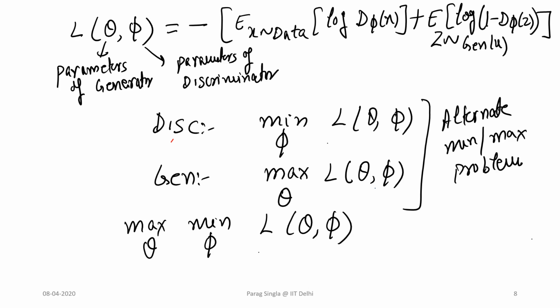In the ideal world, you would fully minimize the internal expression with respect to phi, that is, optimize the discriminator for the given generator, and then once you have done that, you go to the generator, take maybe a gradient step along theta, and then again go to phi. But this can be computationally very expensive.